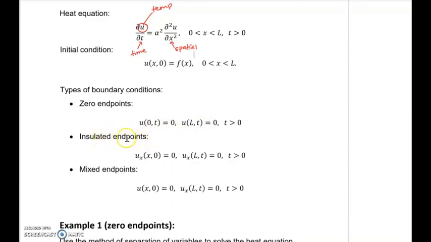Insulated endpoints means that at the endpoints, there will be no heat flow going out or coming in. In the textbook, you might see mixed endpoints as well, but in the syllabus, we only discuss zero endpoints and insulated endpoints.